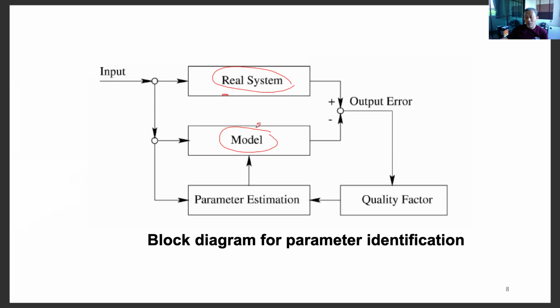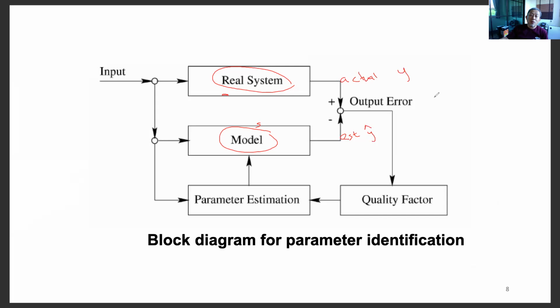This one is the simulation part, where this one is the actual output, which is y, and this one is the estimated output, which we usually notate as y cap.